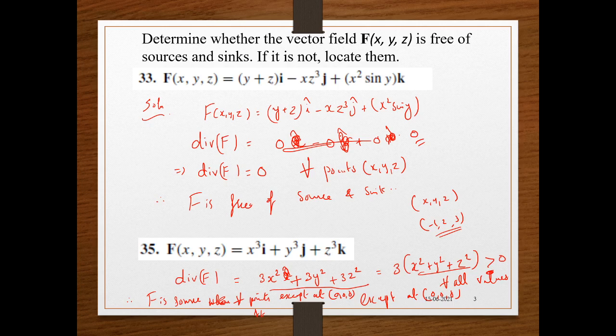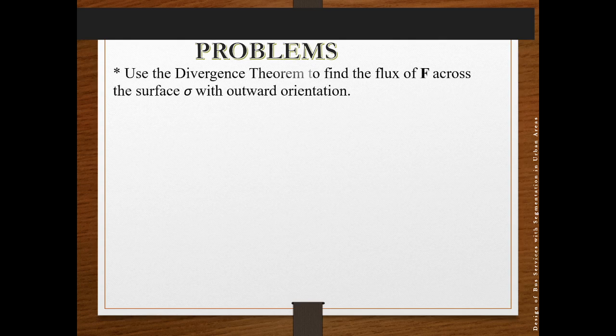So now we will move to problems. We will do a few problems from the divergence theorem. I think it is comparatively easier. Use the divergence theorem to find the flux of F across the surface sigma with outward orientation.